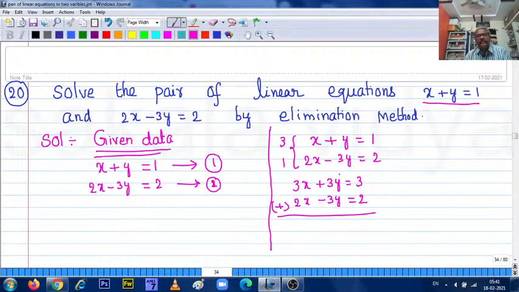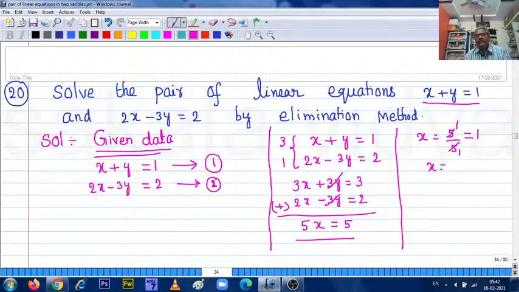Just add, that's all. Add means no sign change. Plus 3y minus 3y cancel. 3x plus 2x, 5x. 3 plus 2 is equal to 5. So x equals 5 upon 5, so x is equal to 1. Now substituting x equal to 1 in equation 1 or equation 2, we get the y value. Very simple.